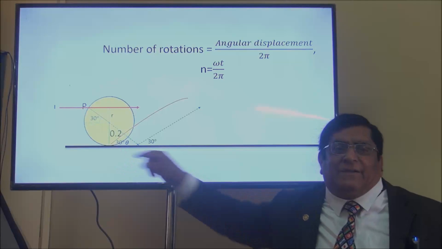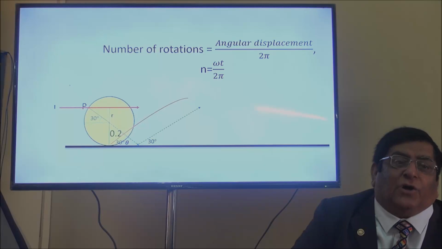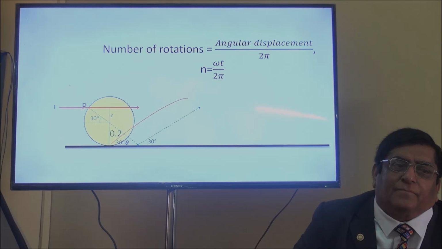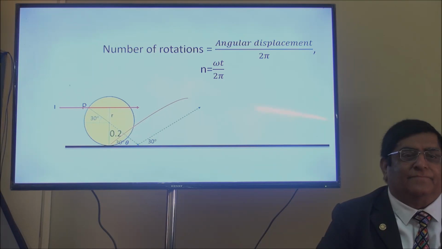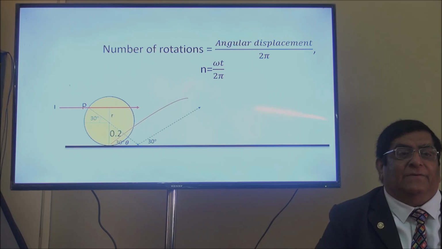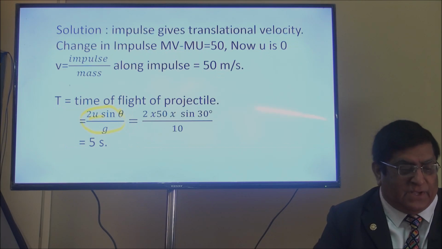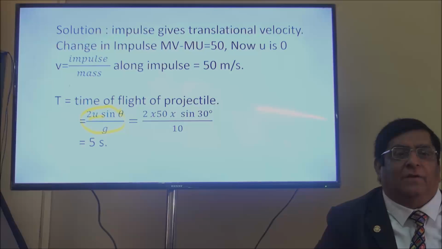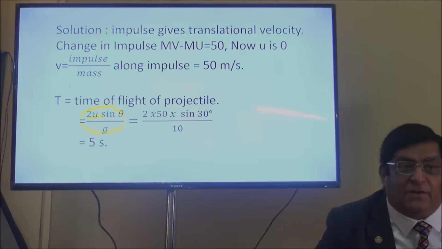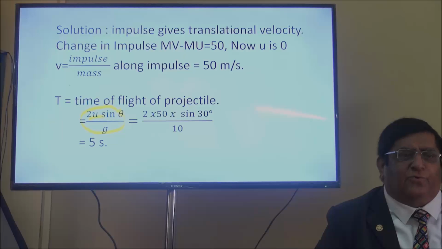What will that be? That will be 50 cos 30. So what u should I have taken? Yes, cos 30 is not half. That will be root 3 by 2. So in place of 50, what should we have taken? 25 root 3.